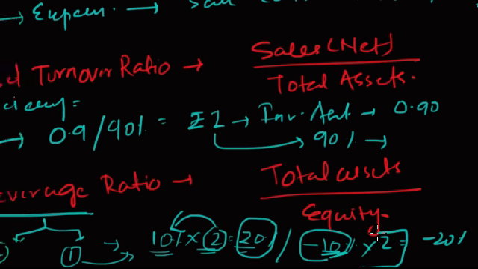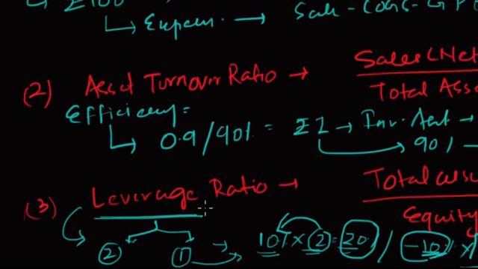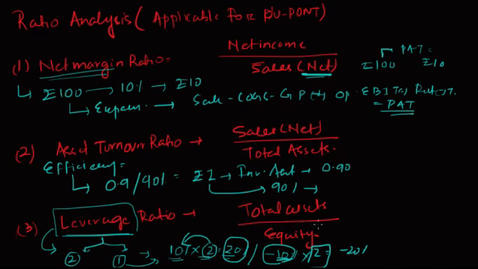Do not compare this with the debt to equity ratio. It's a kind of debt and equity ratio, but debt to equity has something else to say, and this has something else to say. Here the numerator is the total assets, but in the debt to equity ratio the numerator is the total debt, and we take only interest-bearing loans as part of the debt. That's a different story.